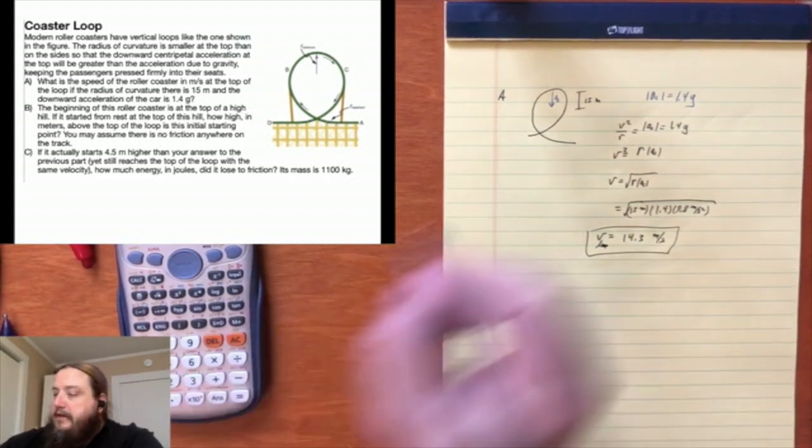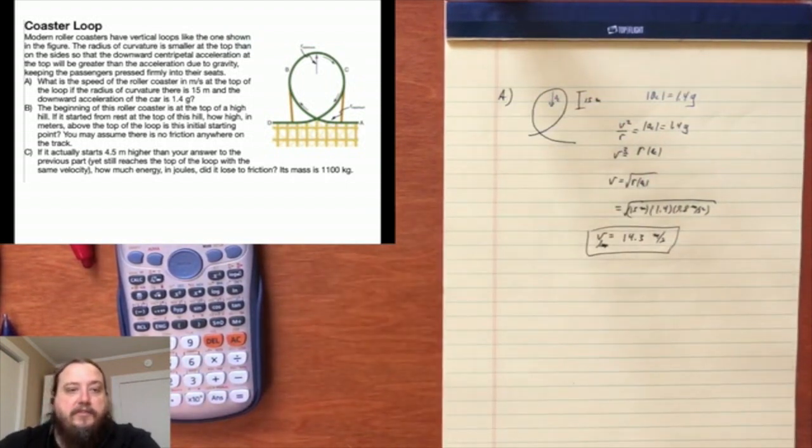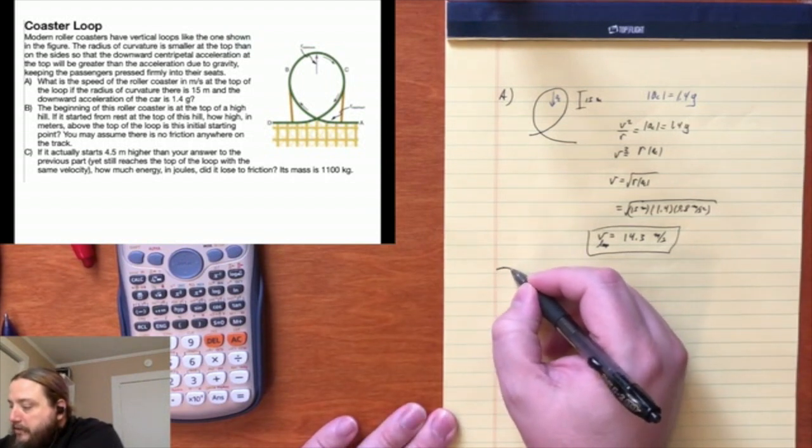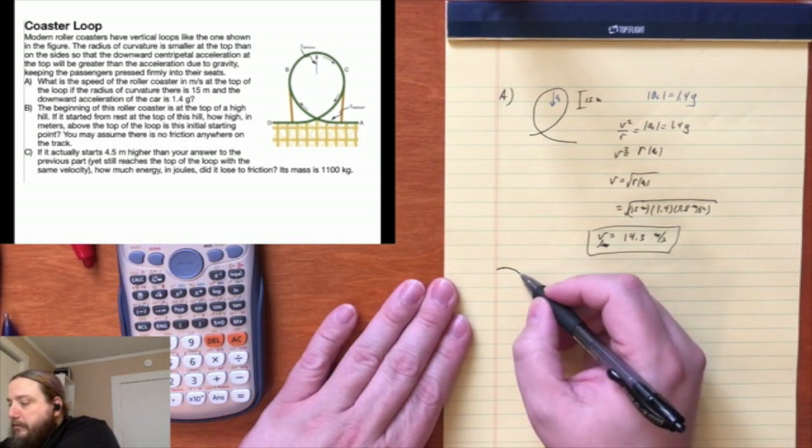In part B, it says the beginning of this roller coaster is at the top of a high hill. So our roller coaster starts up here, kind of like it did in the Carowinds problem.